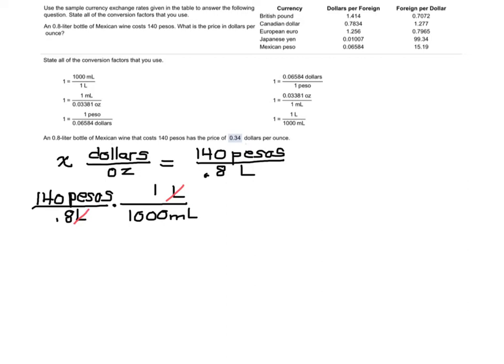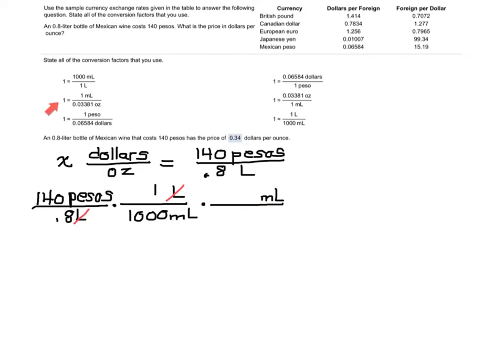Now moving forward, I still don't have the volume I want. Milliliters is not what I want, I want ounces. So I'm going to continue to multiply this by another conversion factor, where I have milliliters in the numerator so that my milliliters cancel out, and I want ounces in the denominator. And where do I have that?